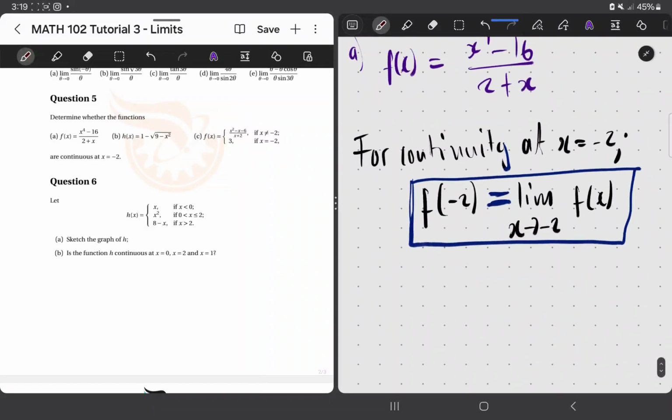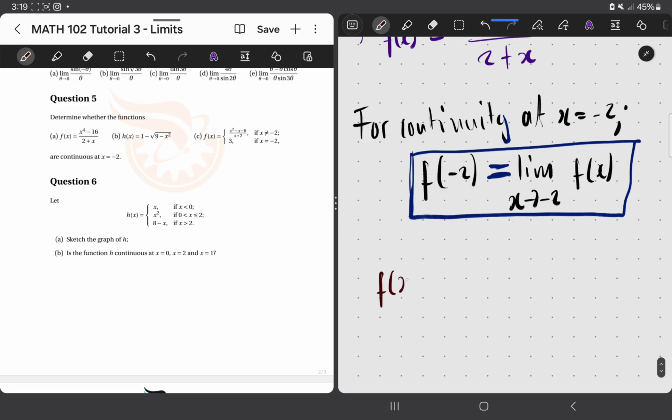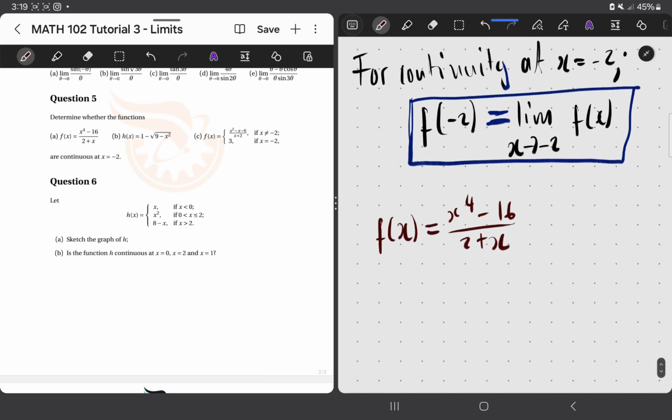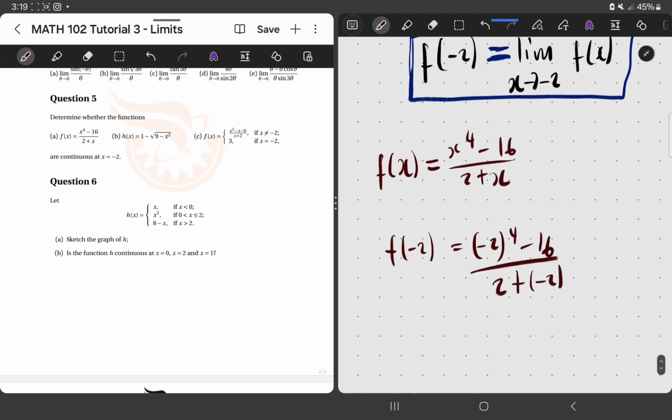So let's start with f of -2. We rewrite f of x equal to x to the 4 minus 16 all over 2 plus x. Now we put in f of -2. This is going to be negative 2 to the 4 minus 16 all over 2 plus -2, okay?